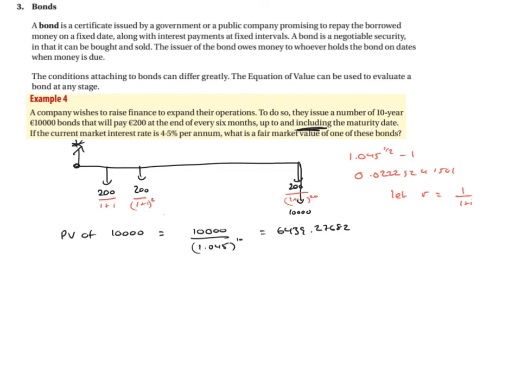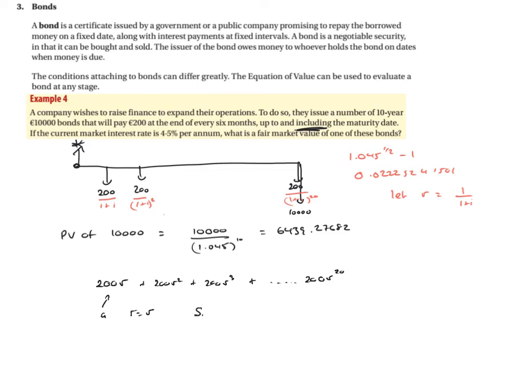That means I'm going to end up with an income stream of 200v plus 200v squared plus 200v cubed all the way over to 200v to the power of 20. So my a is equal to 200v, and my r is equal to v. Again, guys, you'll have this all saved in your calculator's memory, so it's just a case of running it through now.